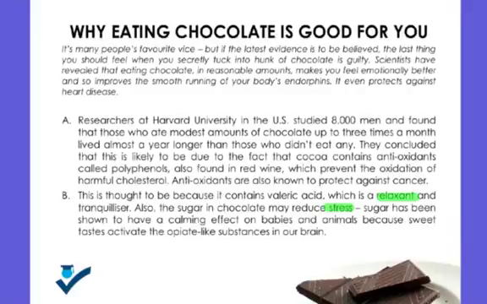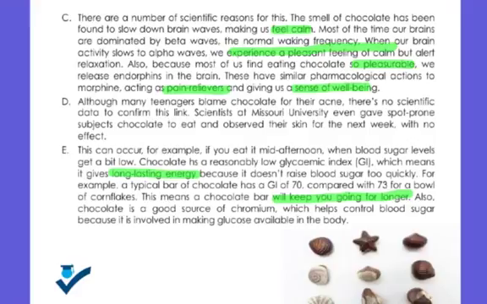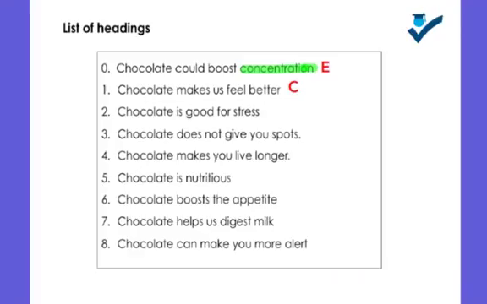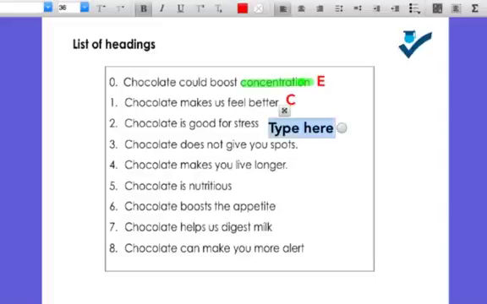It's a tranquilizer. It makes you calm down if you're stressed. So it has a calming effect on babies and animals. So if you have identified heading number 2 as paragraph B, give yourself a pat on the back because it is paragraph B. It's almost like a giveaway. All right, let's type B there so you can see that.